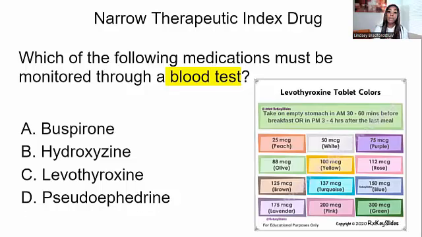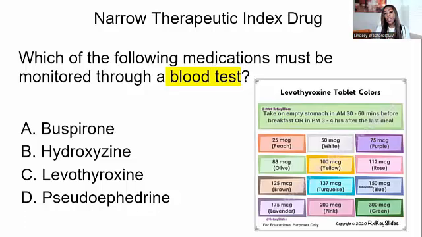It's a narrow therapeutic index drug. So that means this is a drug where a person should not be switching the drugs back and forth. If you're on levothyroxine, you need to stick with the levothyroxine. You don't want to be swapping back and forth, because these narrow therapeutic index drugs need to be monitored.